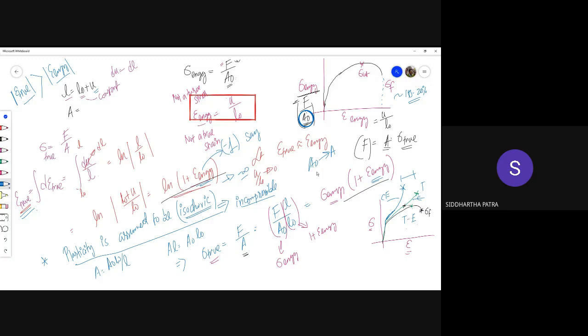But since you are still using the original cross section area, and the current cross section area is increasing, which only increases the force bearing capacity of the specimen, and since you are measuring the stress with respect to the original cross section area, you see a higher stress when plotting the compressive engineering stress strain diagram.